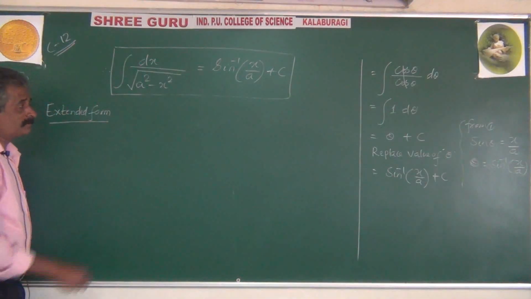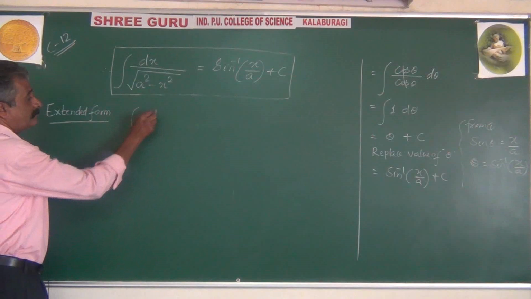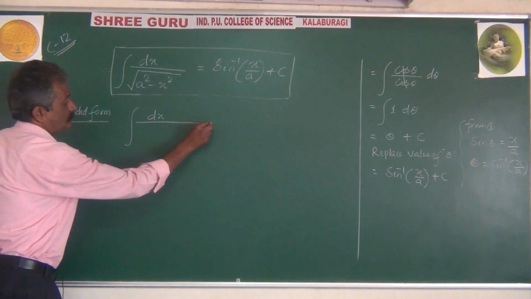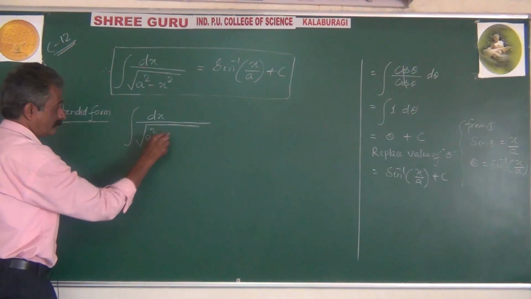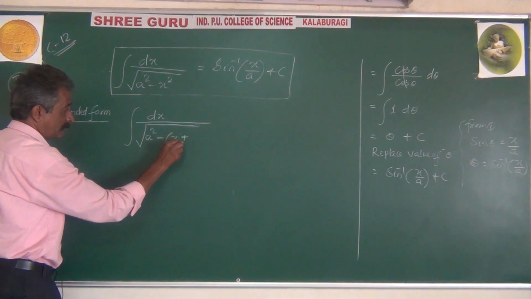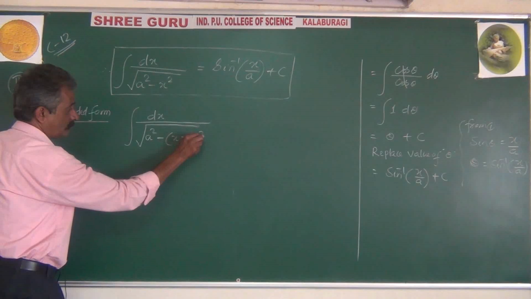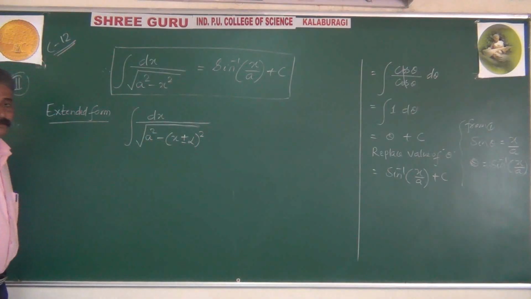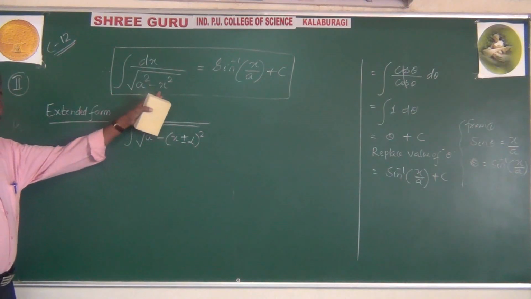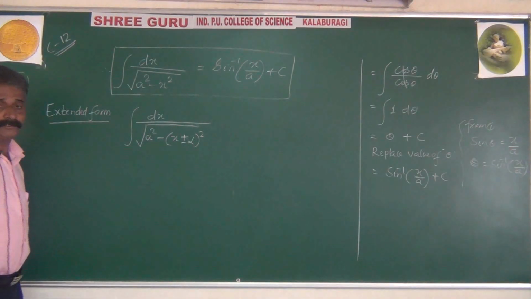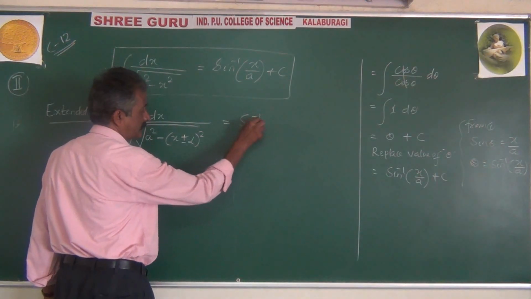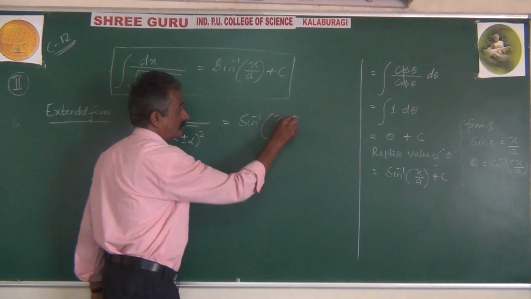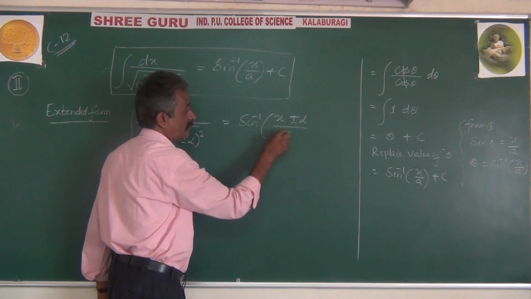The extended form is integration dx by square root of a square minus bracket x plus or minus alpha whole square. You must see the format, that's all. Instead of x we have x plus or minus alpha. So the result is sin inverse of x plus or minus alpha whole divided by a plus c.